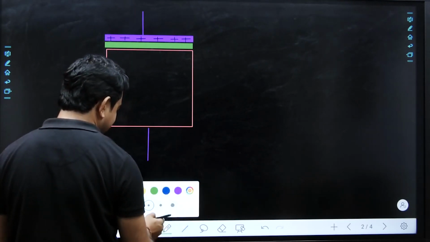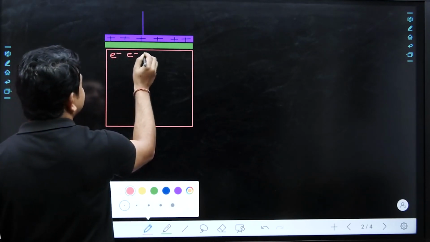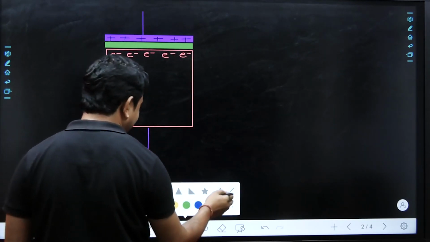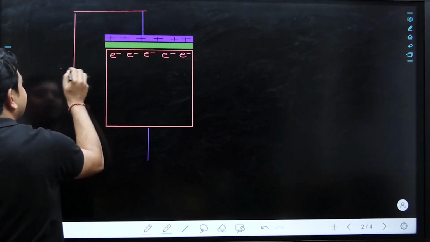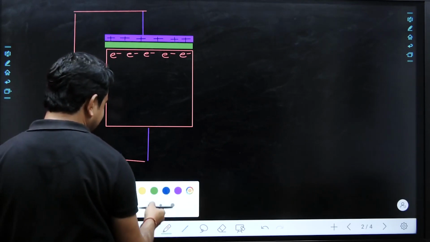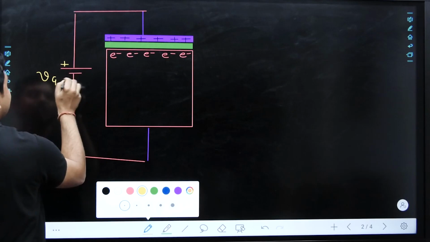So I just write here that we are creating a negative electron concentration here. How we are creating it, we have demonstrated. Overall, we need to apply a voltage at this particular terminal, positive on this side and negative on this side. So we are increasing the conductivity of the surface of the semiconductor.